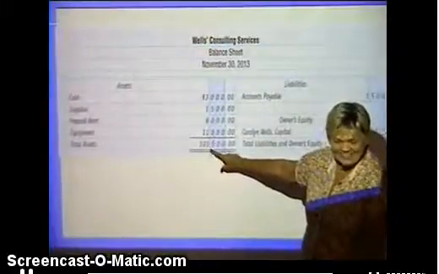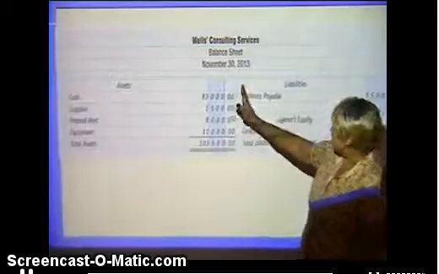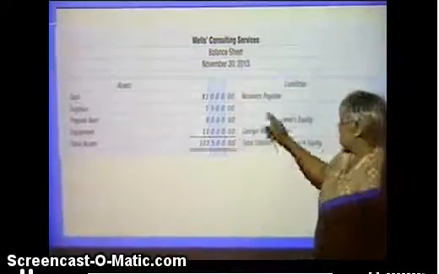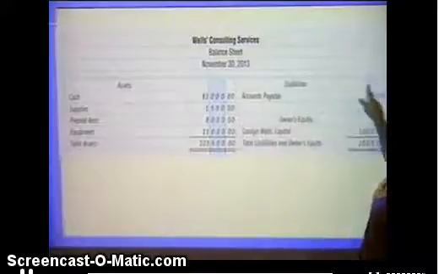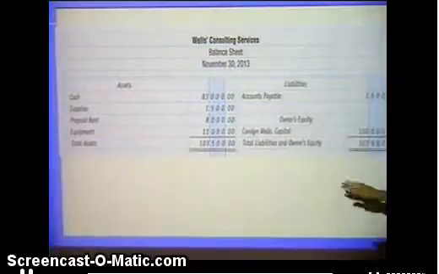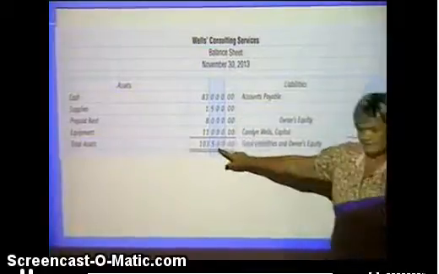And we pretend there's an equal sign in the middle of this form, and then we're showing liabilities and owner's equity. We add those together. There's our equation.